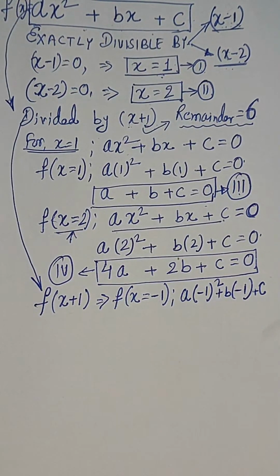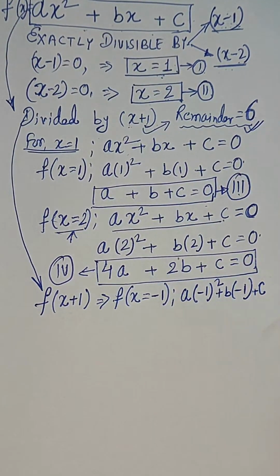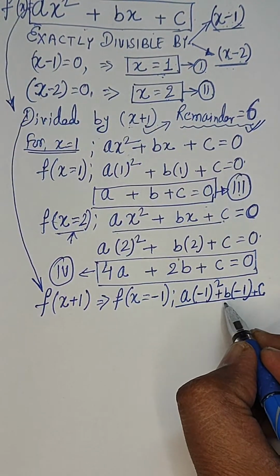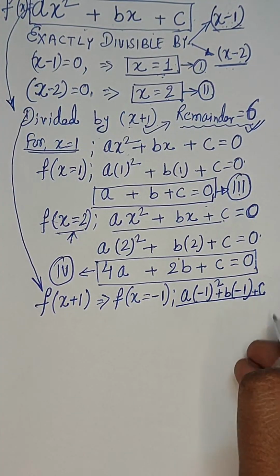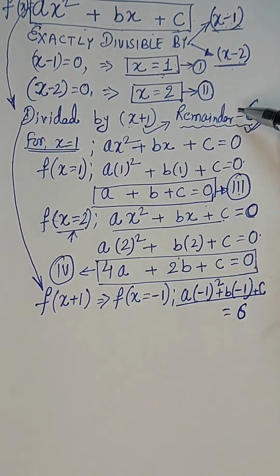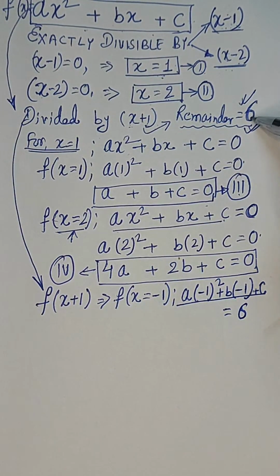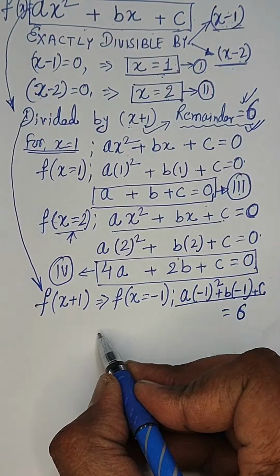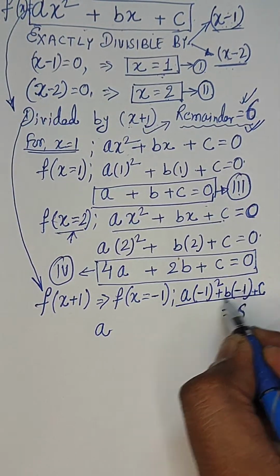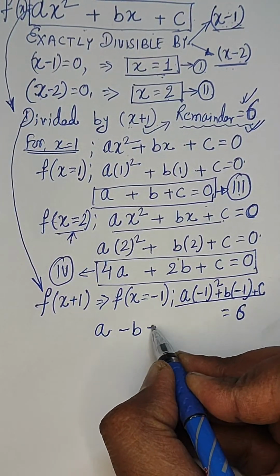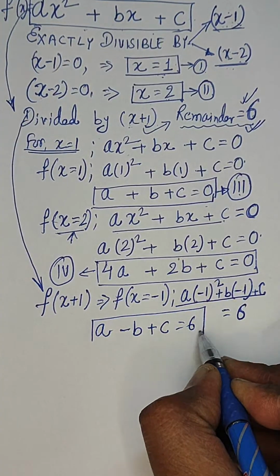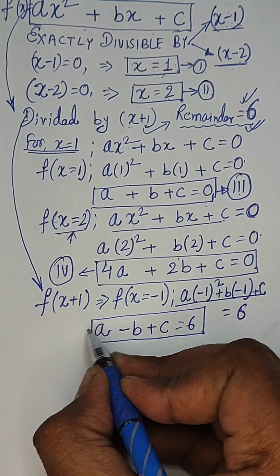Remainder is given to you as equal to 6. So a into minus 1 square plus b into minus 1 plus c will be equated to 6, which is your remainder here. Now minus 1 square is plus 1. So this will give you a minus b plus c is equal to 6, and this will be your equation number 5.